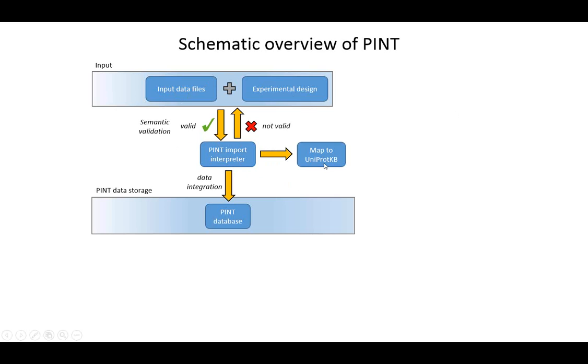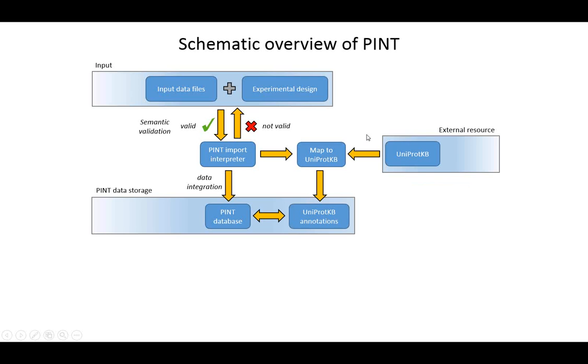Sometimes the user provides the UniProt identifiers, but for example, we have a lot of data using the IPI database, so we have to map it to UniProt and then use the external resources of UniProt on the internet to get all the annotations of these proteins and also store them in our system, and then be able to use these annotations of the proteins stored.